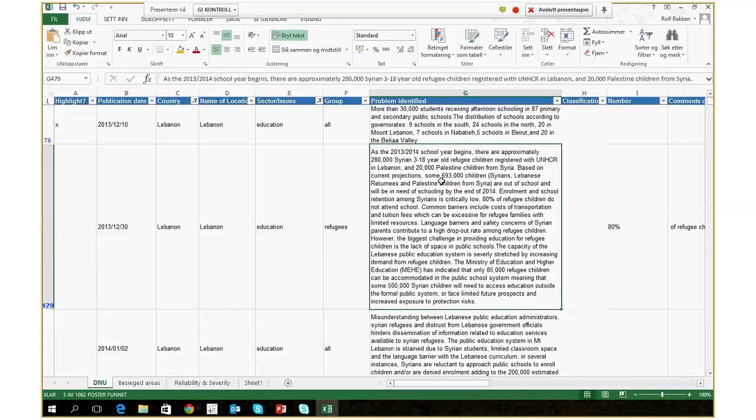Some of the experiences we have made ourselves when working like this is that you should copy-paste as much as possible, when this piece that I have in this cell is copied directly in. You shouldn't try to interpret it and try to change it, because that is what you do in the analysis when you interpret it.